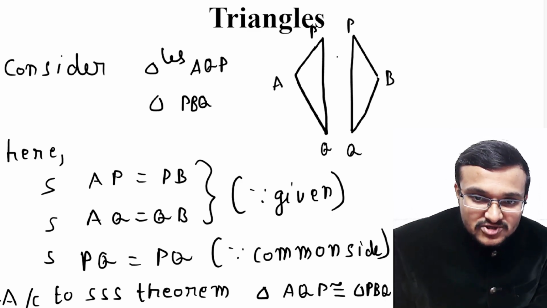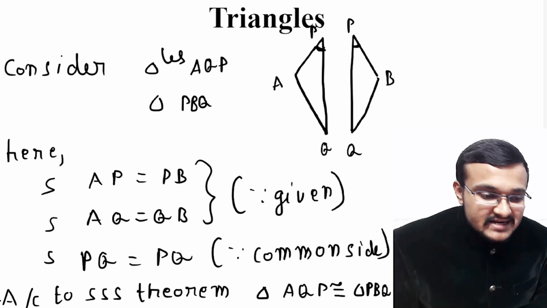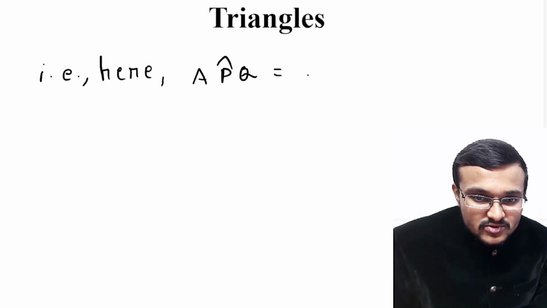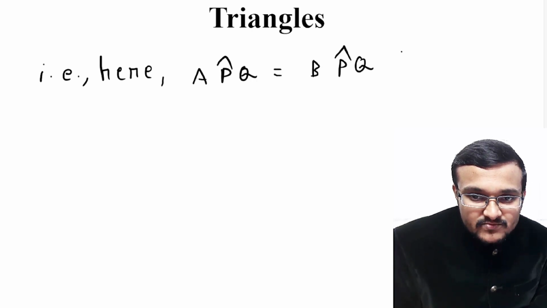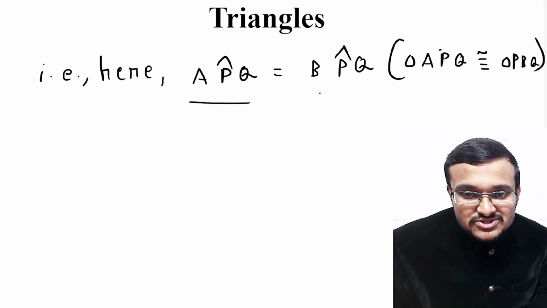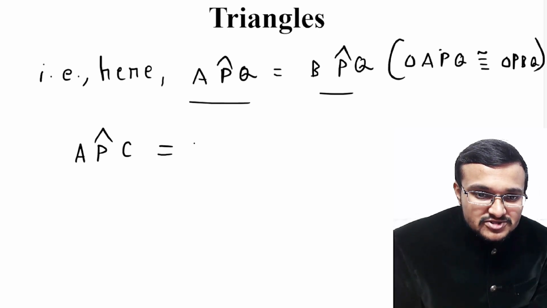Now if these two triangles are congruent, then this particular angle and this angle will be equal to each other, that is APQ will be equal to BPQ. In place of writing APQ, I can write APC also, because C lies on the PQ line, so in place of Q, I can write C.